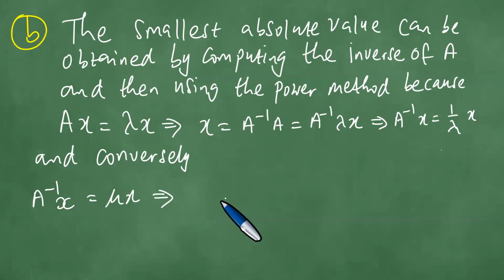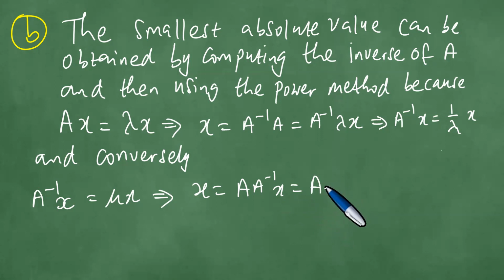This would mean we write once again A inverse x equals mu x. Now we can solve for x out of this, meaning x is the same as A inverse x, which is A mu x. In other words, you can just multiply both sides by A to make x the subject. In each case, we're attempting to solve for x.